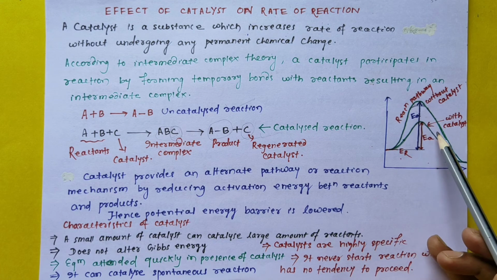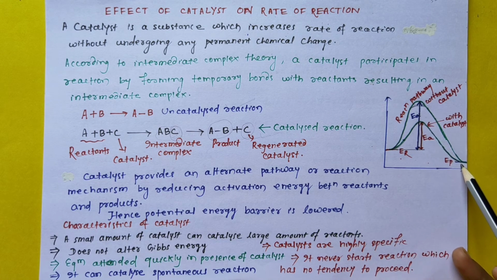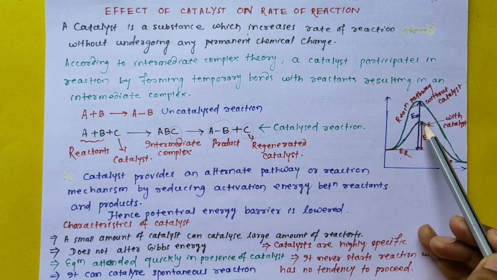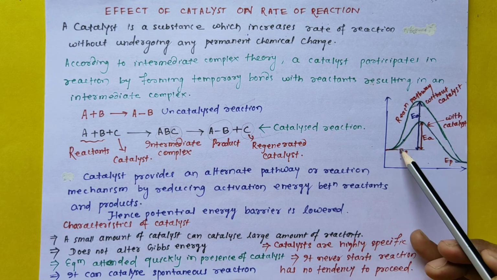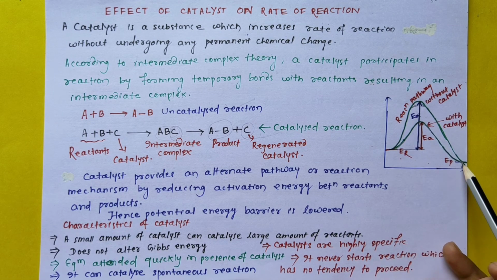That means it provides an alternate pathway, and the potential energy barrier is very low, so that it can be overcome easily, and the reactants can undergo chemical reaction to form the product very easily.